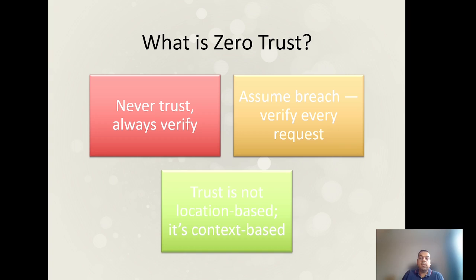We will talk about those elements or those sources which define the context in coming slides. But the idea behind using zero trust is that you have to look at the overall context of the user or the machine which is trying to access an application or trying to access another service, and then based on that context a decision is made.